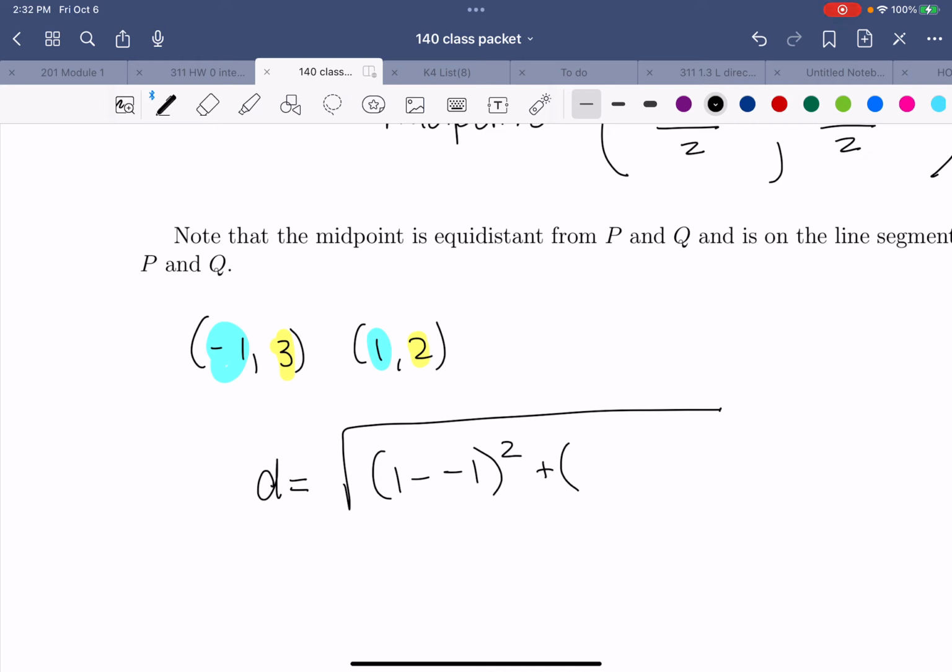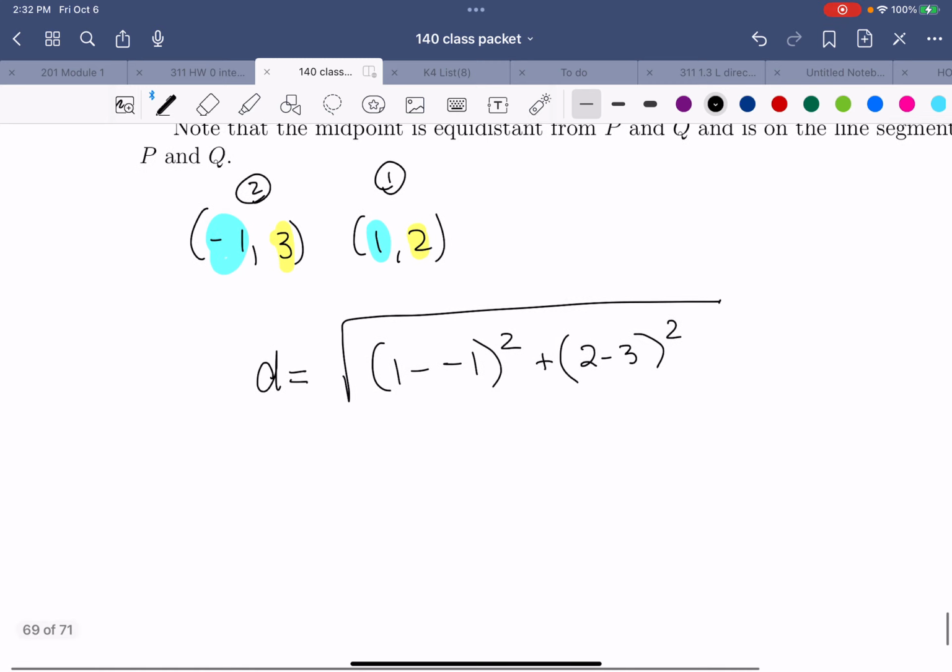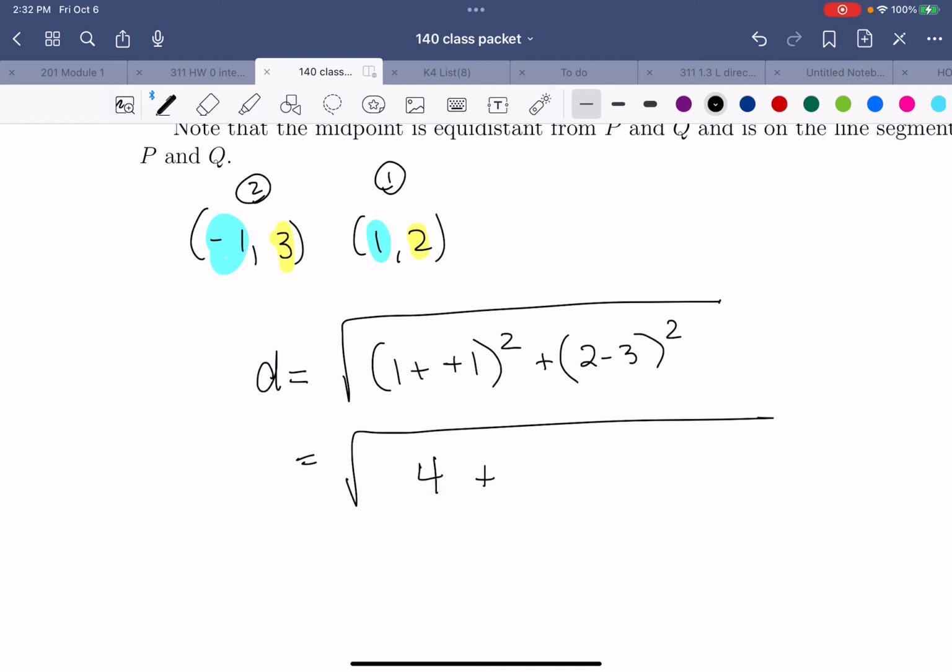Let's make this my point 1 and this my point 2, so my x1, y1, and my x2, y2. That would be 2 minus 3, squared. What do we get here? 1 minus -1 becomes 2 squared, which is 4. 2 minus 3 is -1 squared, which is 1, and I get the square root of 5.